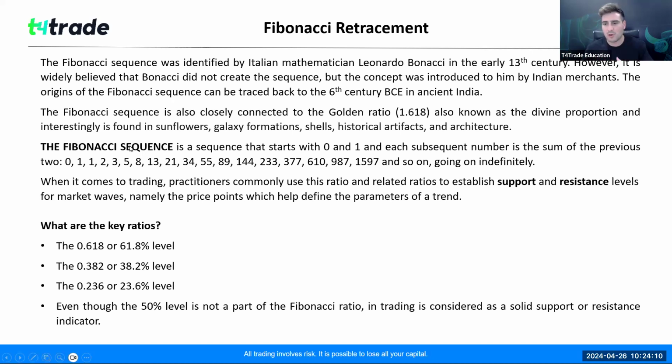Okay, so when it comes to trading, however, practitioners commonly use this ratio and many other ratios extracted from this Fibonacci sequence in order to establish, at the end of the day, support and resistance levels, which can be useful when it comes to entering or exiting a position, measuring how far a price action is expected to pull back or retrace once you hit, for example, a fresh high, or how much a price action could rebound from reaching a fresh low.